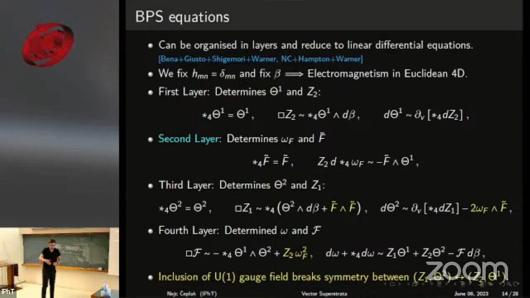So the BPS equations introduce the physical interpretation that if you put more and more gauge fields into your system, they will back react on your geometry, and they will change how much momentum and how much angular momentum you have, which you can measure asymptotically. Perhaps something I haven't mentioned before: the momentum is captured by this curly F, and the angular momentum by this omega.